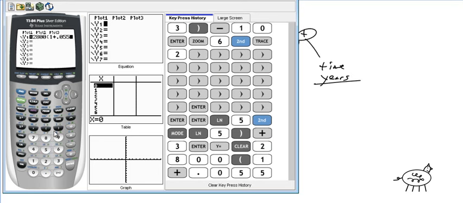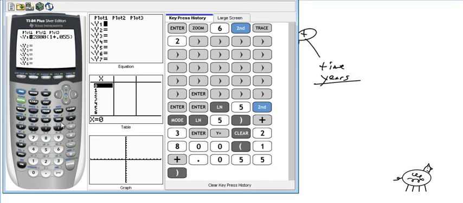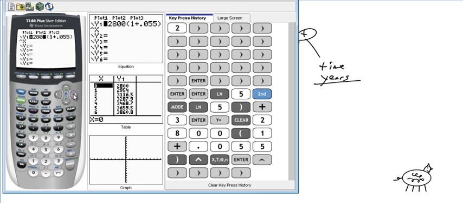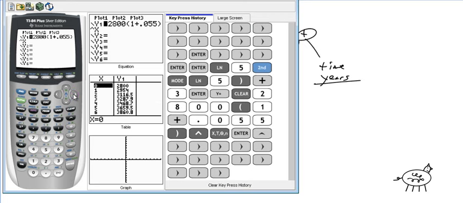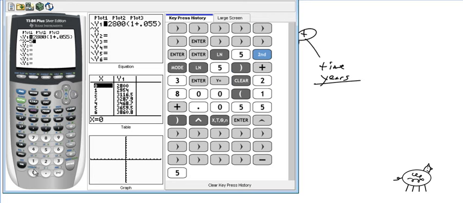I could have put 1.055 too, right? Raised to the x power. Minus 5,000. That's a pretty important thing to put in there.